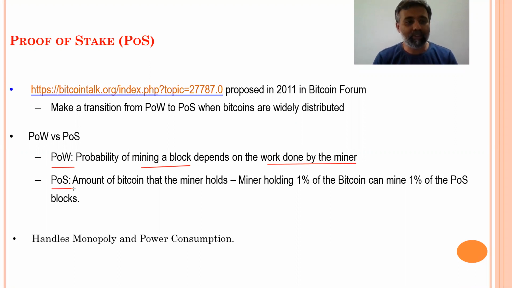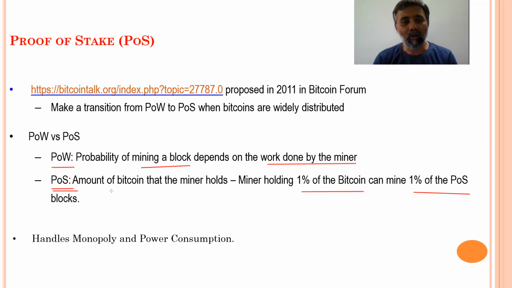But in the proof of stake mechanism, say a miner has 1% of the Bitcoin, then the PoS network will allow 1% of the PoS blocks only.